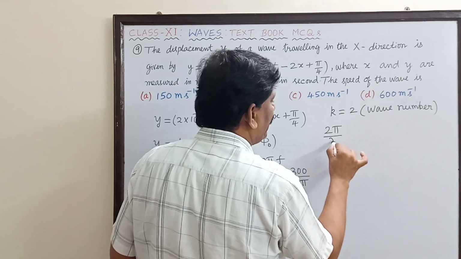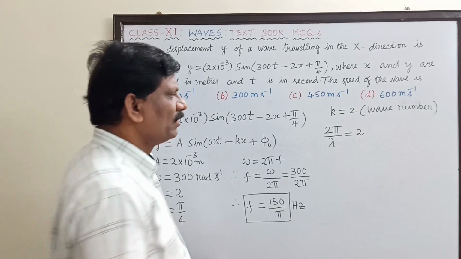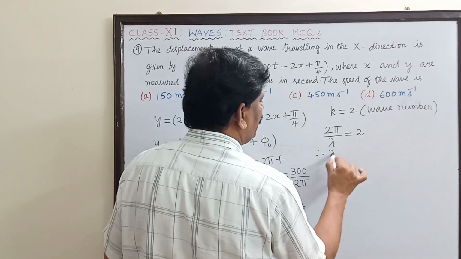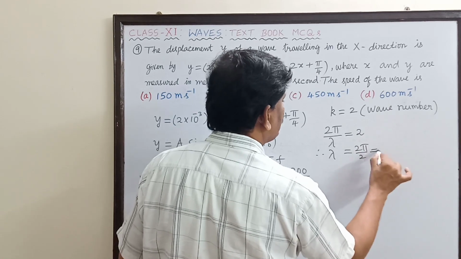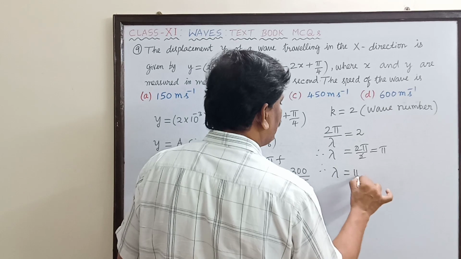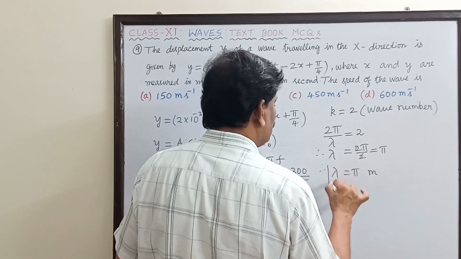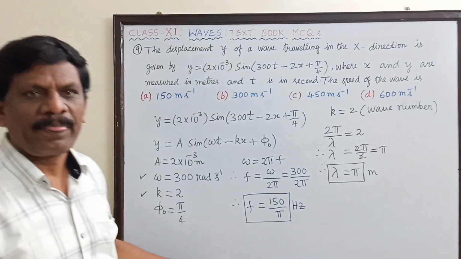So 2 pi by lambda is equal to 2. Therefore, lambda is equal to 2 pi divided by 2, that is equal to pi. Therefore, lambda is equal to pi meter. This is another important information we require.